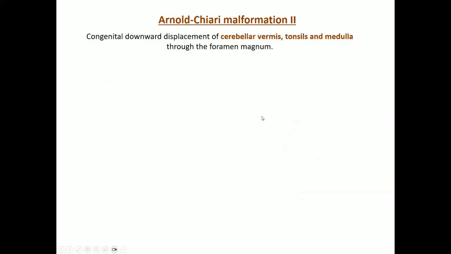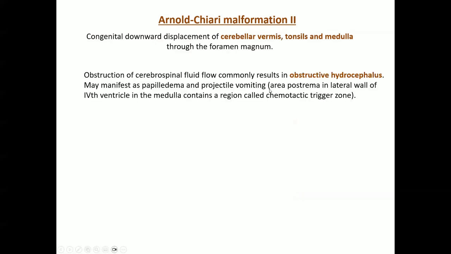All right. Number 2, Arnold Chiari malformation 2, and how it is different from Arnold Chiari malformation 1. You have a downward displacement of more structures of the cerebellum, not only tonsils, but also cerebellar vermis and tonsils and medulla. So basically the vermis is also, so to speak, herniating through the foramen magnum in the developing process, okay?